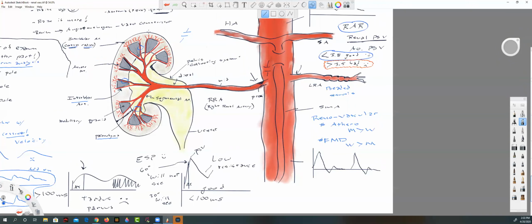When we measure the kidney, the length is the most important measurement. We do width and height as well, but the length is the most important.